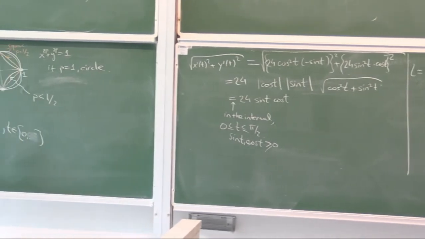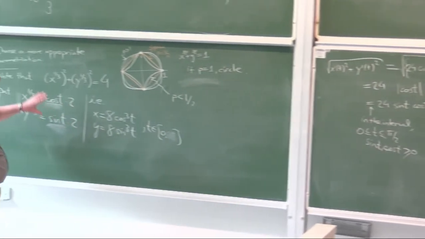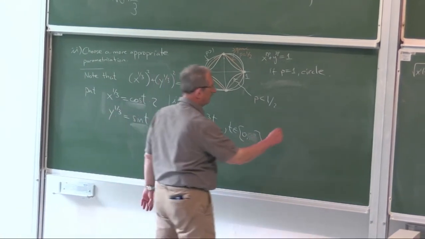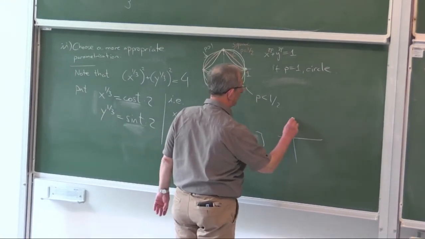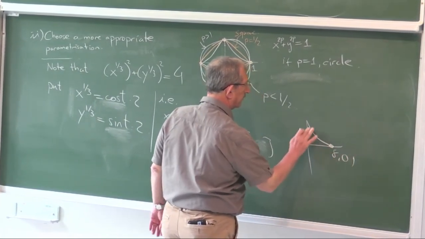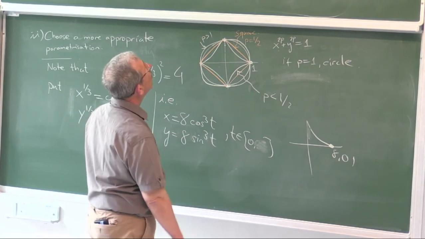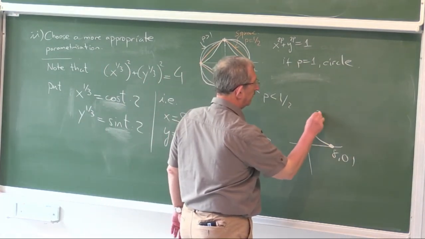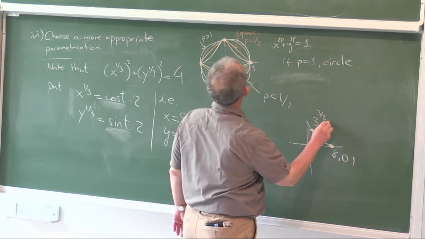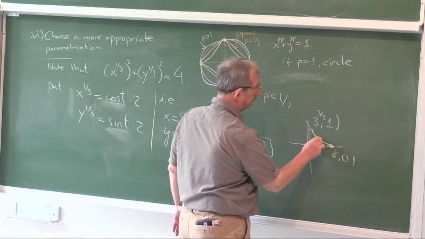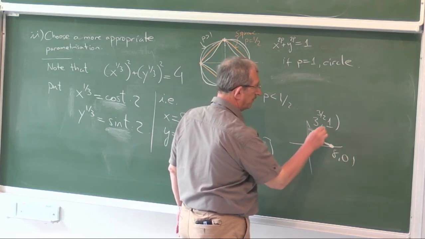So we go from the point 8, 0. This is 8, 0. And we go up to the point 3 halves and 1, actually, it's somewhere here.